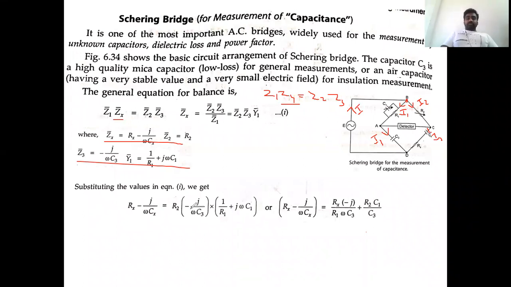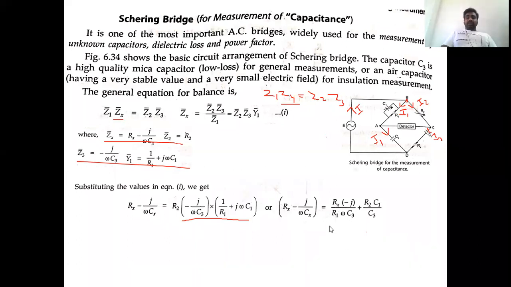So if we again substitute, what will be the expression on the LHS? Rx minus j by omega Cx is equal to Rx into minus j divided by R1 into omega C3 plus R2 C1 divided by C3. Okay, so we substituted this expression in the form of this expression.